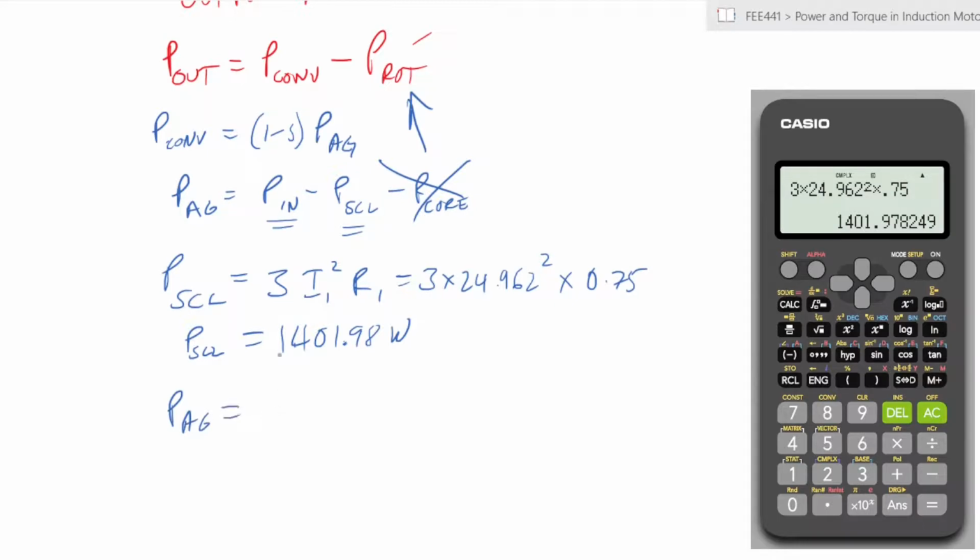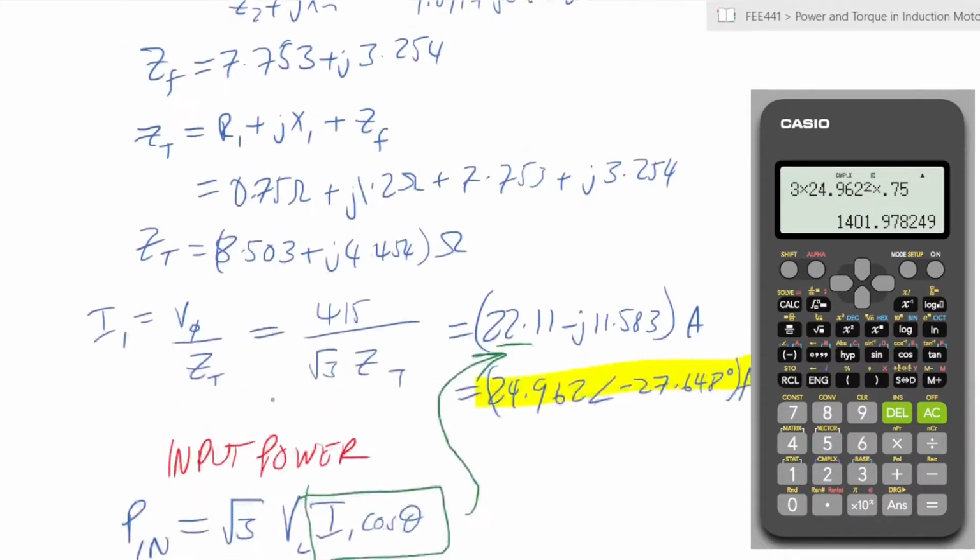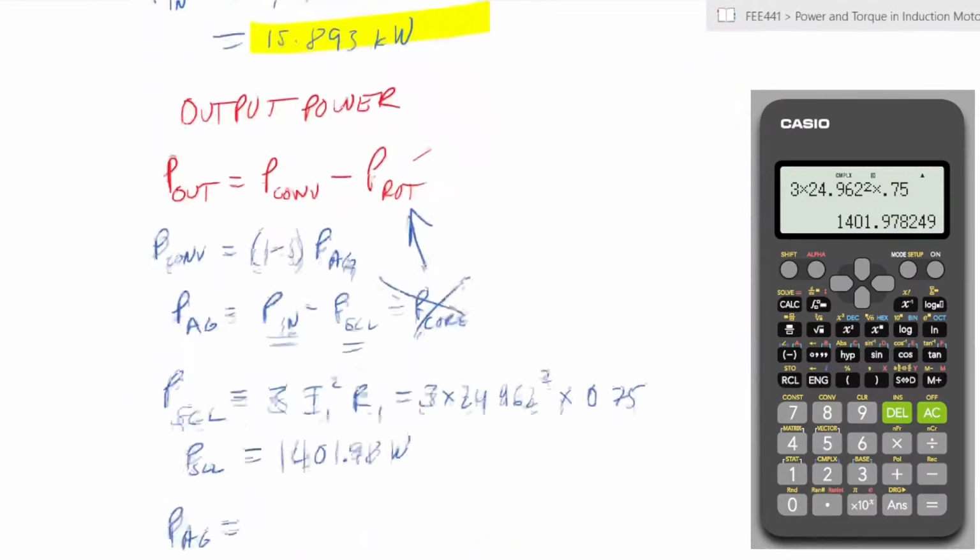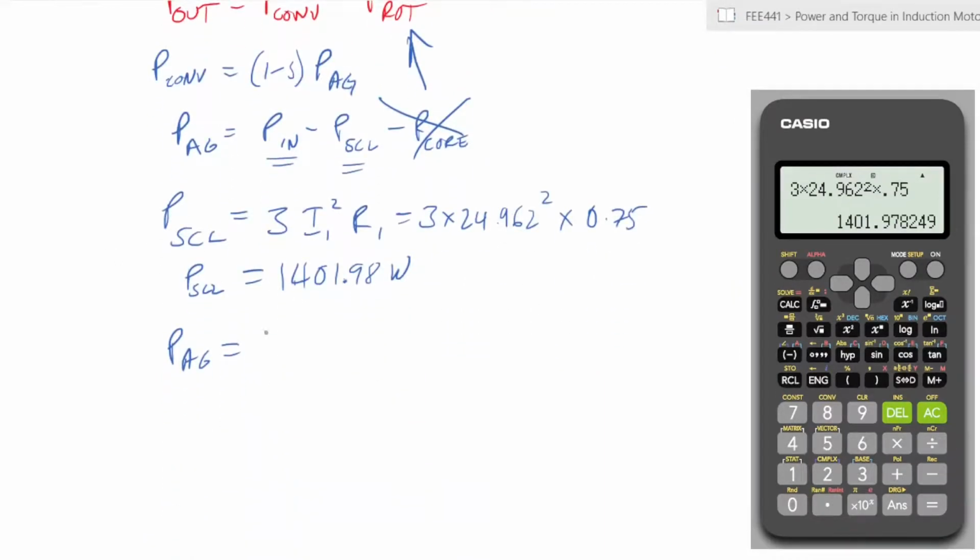Working backwards, we now go to air gap power. Air gap power is equal to input power, which we got as 15,893, minus 1,401.98. That gives us 14,491 watts.